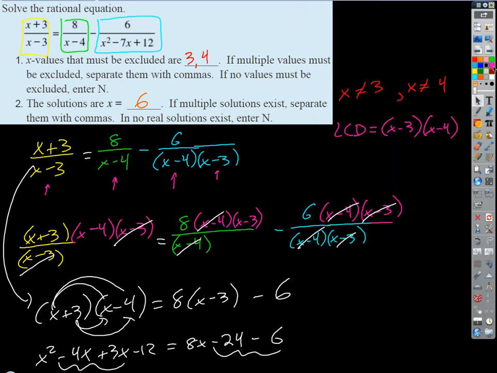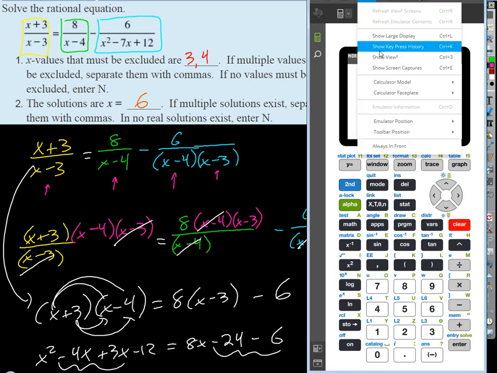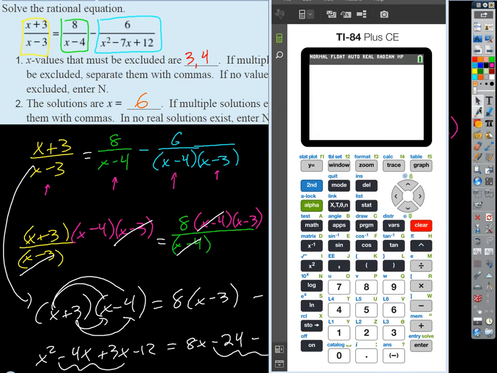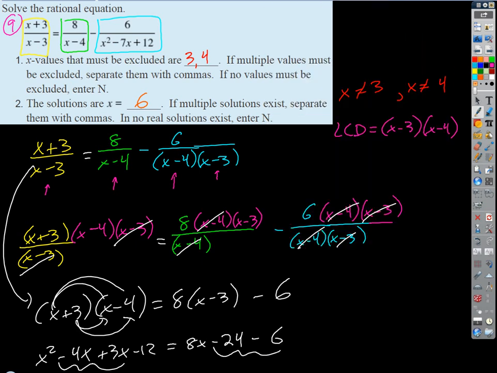If we keep track of what we're getting on either side, on the left side we get the value 9. What about the right side? This one we just do in our head. We don't even need the calculator. If we plug in 6 up here, we're going to get 8 over 6 minus 4, which is 8 over 2.